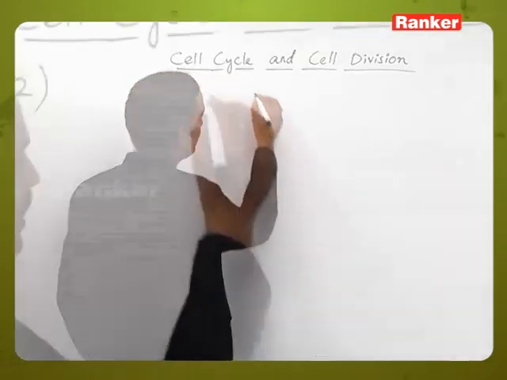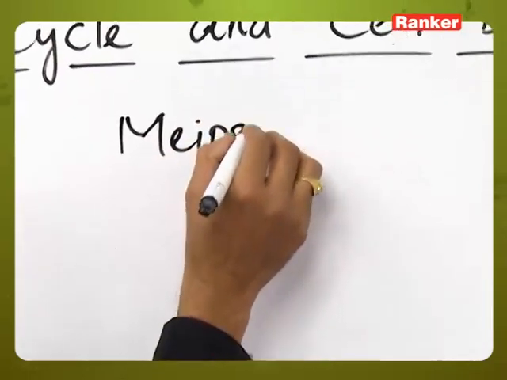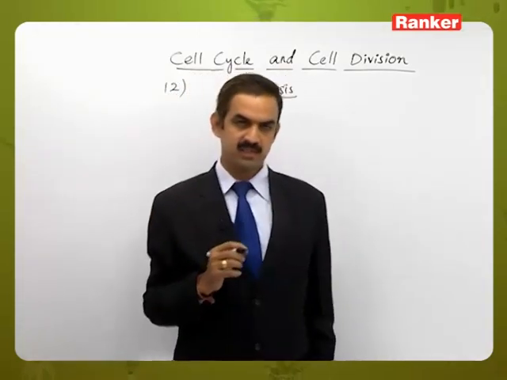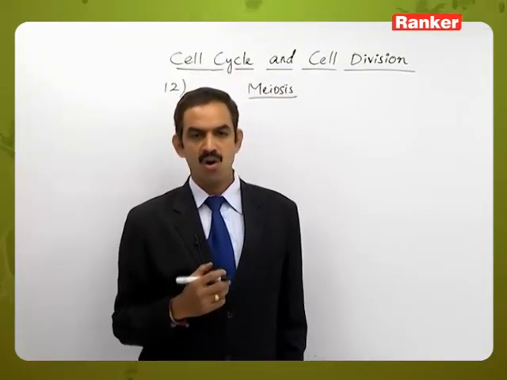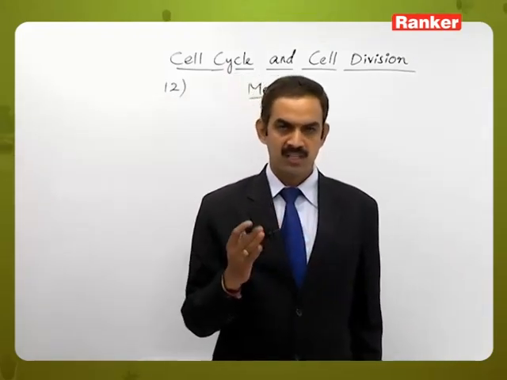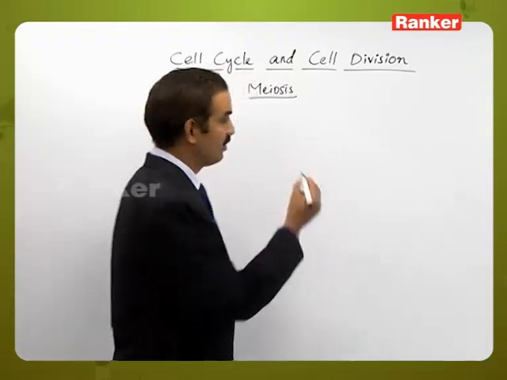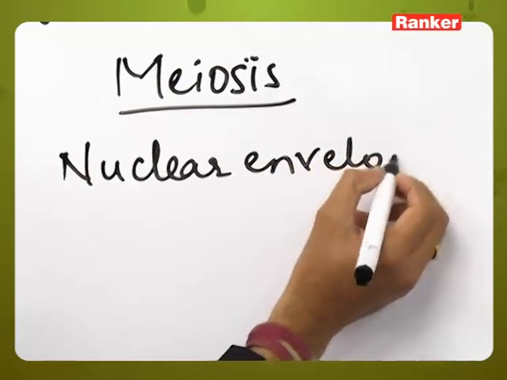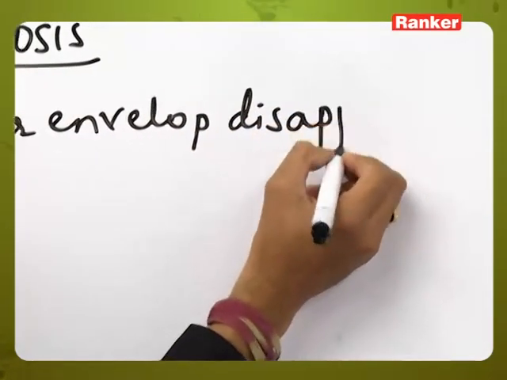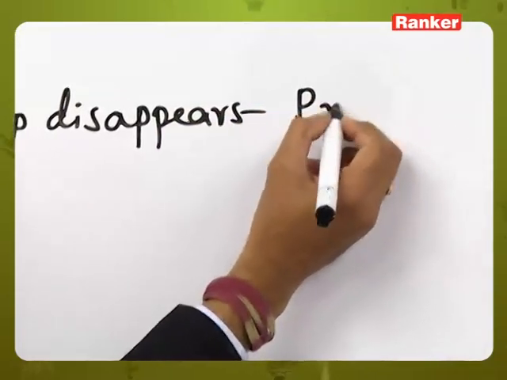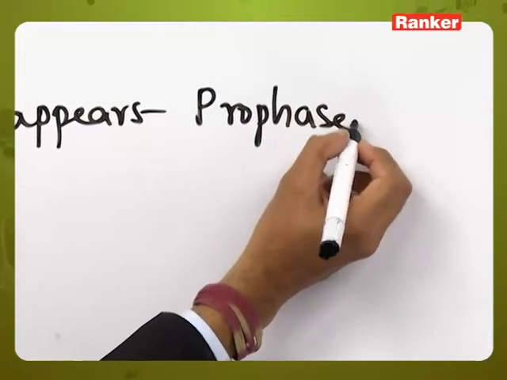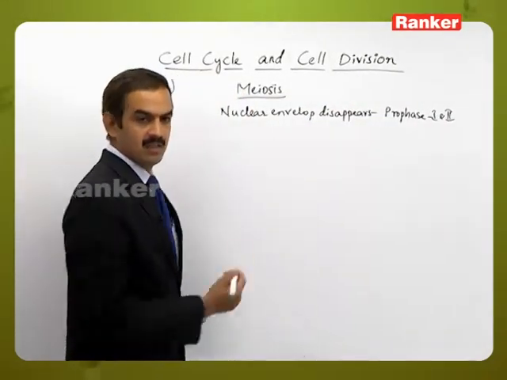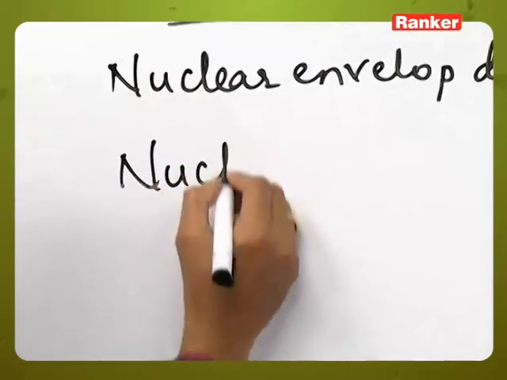So during meiosis, as we had already discussed, meiosis will occur in the diploid cells where the chromosome number will get reduced to half, and in the course of all the changes taking place during meiosis, the nuclear envelope will disappear. Generally the nuclear envelope will disappear during prophase, both during prophase 1 and prophase 2, and the nuclear envelope will reappear also.